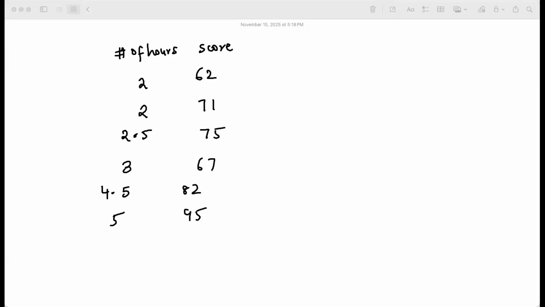Okay, I'll do it in Desmos. Let me do the table, and then I'll share my screen. You can do it as well. Do you know the Desmos calculator, all of you?